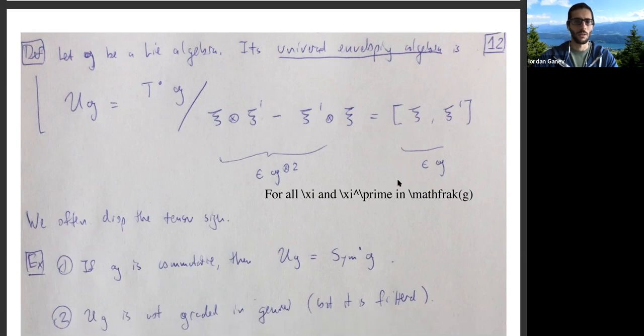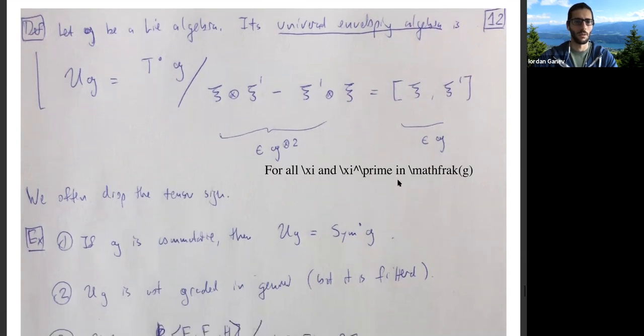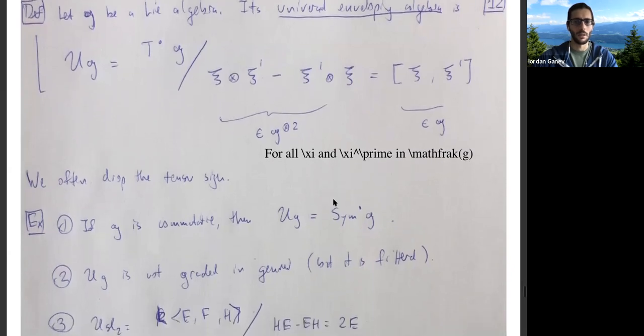So when working with this, we often will drop the tensor sign. I may do that later. And as I said, if 𝔤 is commutative, then this bracket is 0. So then we just get the same ideal we had in the symmetric algebra. Then the universal enveloping algebra is just the symmetric algebra on the Lie algebra, thought of as a vector space.